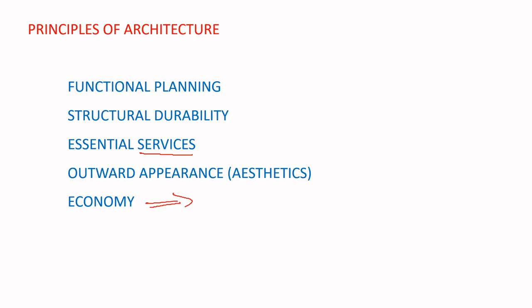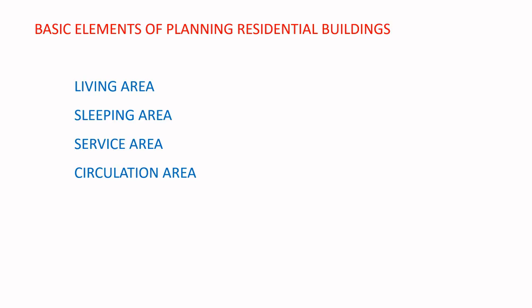Now, next important thing you should keep in mind is the basic elements of planning. That is, if you are planning a residential building, it will have a living area, sleeping area, it should have a kitchen, that is service area. Kitchen all comes under service area and circulation area.